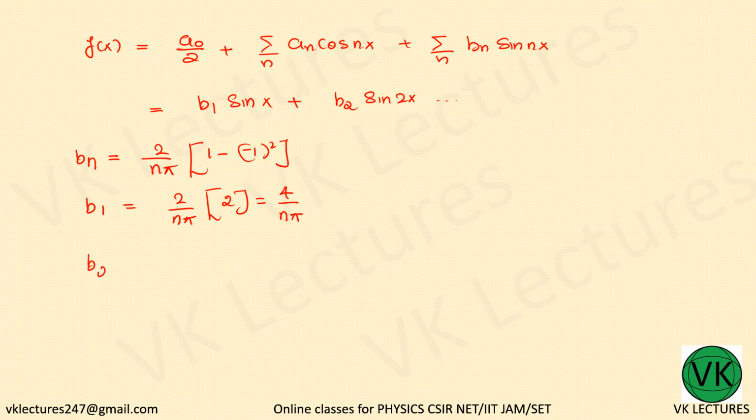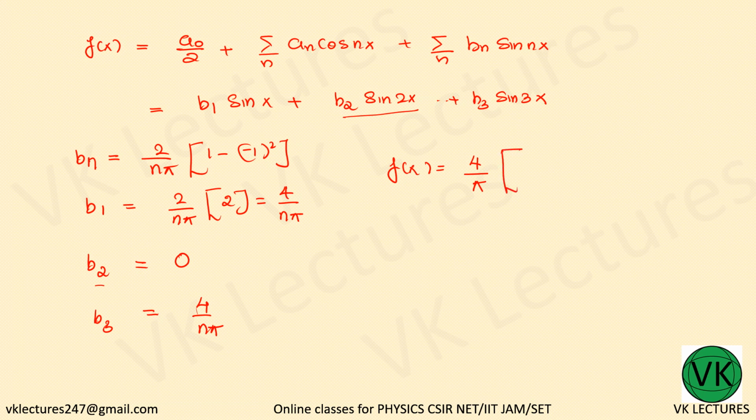What happens when n is even? For n even, this is 0, because 1 minus 1 will be 0. So the next term will be b3 sin 3x. The second term is 0, b2 is 0. Again, what about b3? b3 will again be equal to 4 by n pi. So the series is f of x equal to, you can take 4 by pi outside.